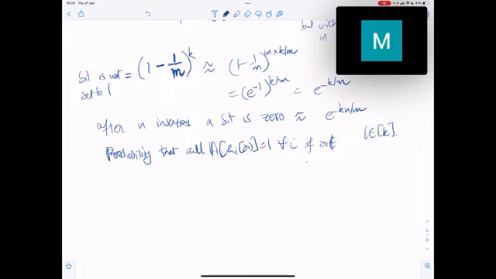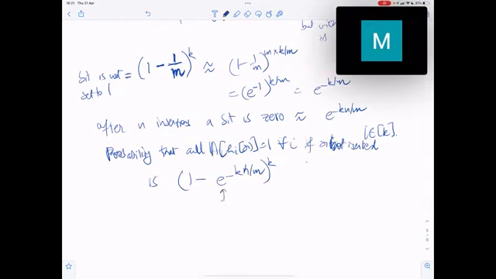So if x is not inserted, the probability is roughly (1 minus e to the power minus kn by m) whole to the power k. Correct? Why is this? I'm just saying, I just invert the probability.